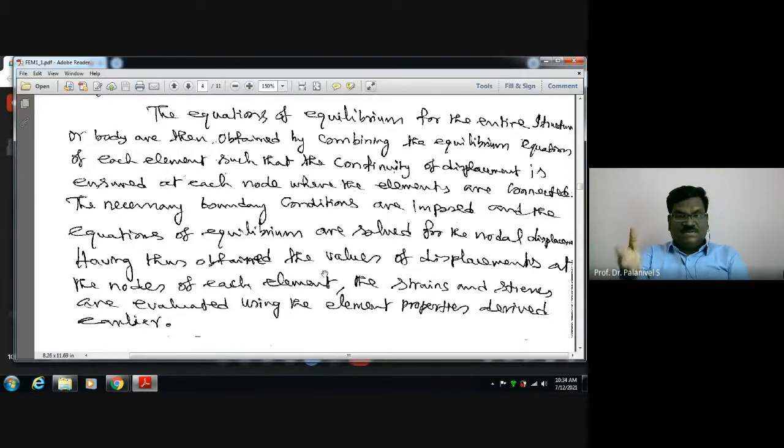When this method was introduced 30 years back, or 25 years back, the finite element method packages came into use and became popular. At that time the computer took a lot of time to determine the inverse of a matrix. You had to wait 1 or 2 days to get the solution. The machine speed was like that.